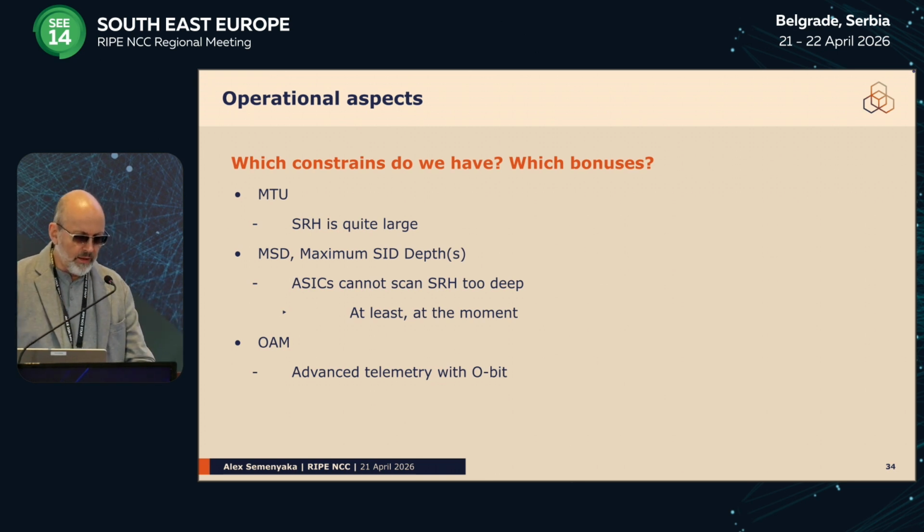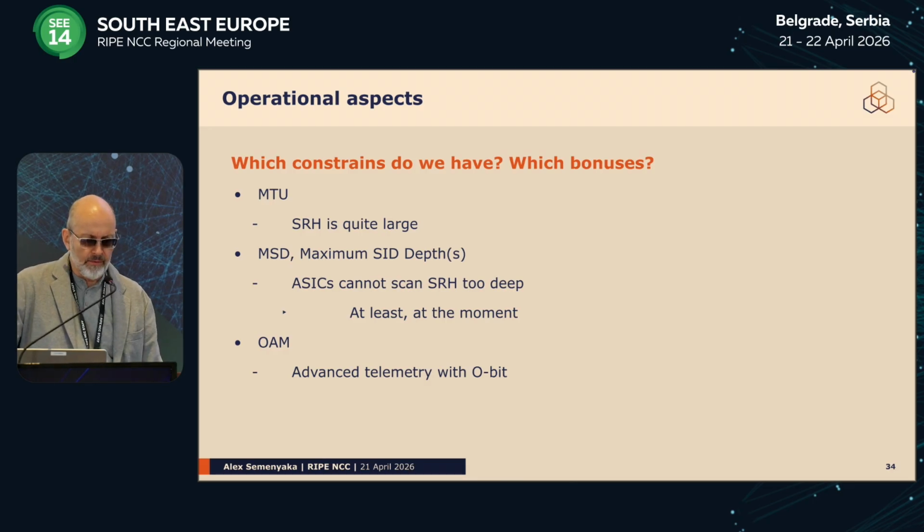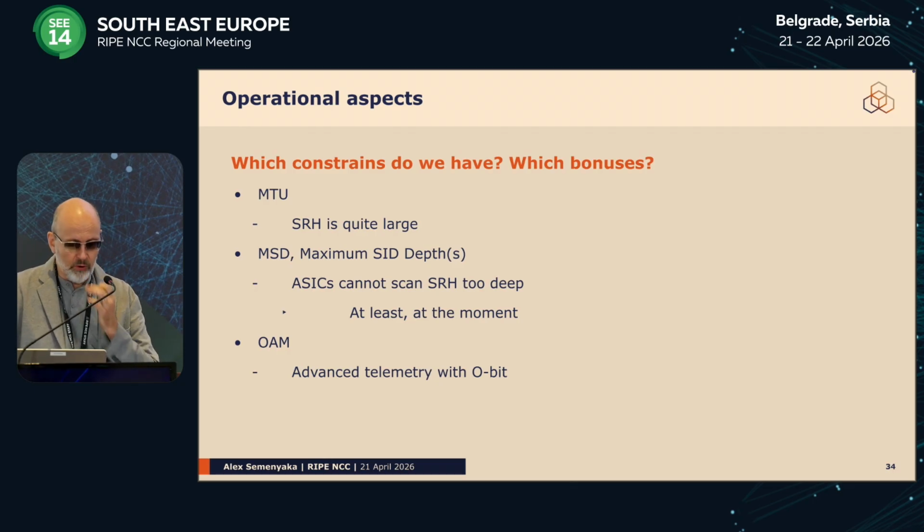Another thing is that ASICs are limited in their functions. Same as with the labels, they are not capable of scanning too many SIDs inside SRH. And the number of SIDs is described as the maximum SID depth, and the standard actually defines several of them for different scenarios. This number can be different, but it's still not huge.